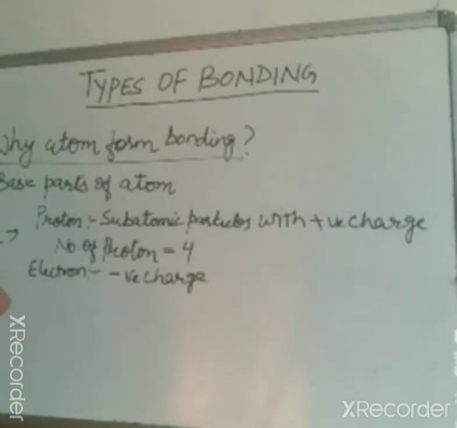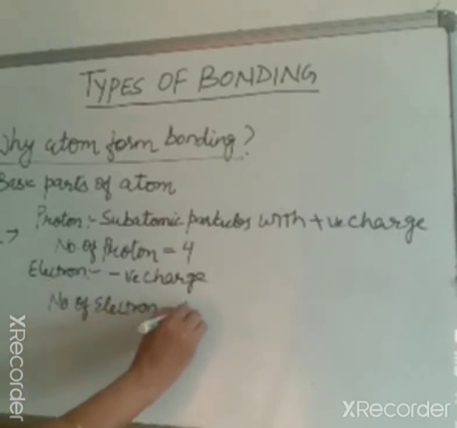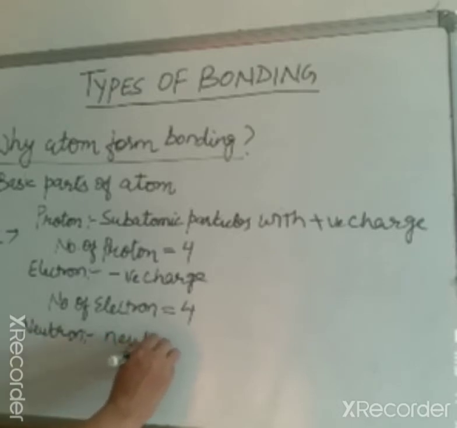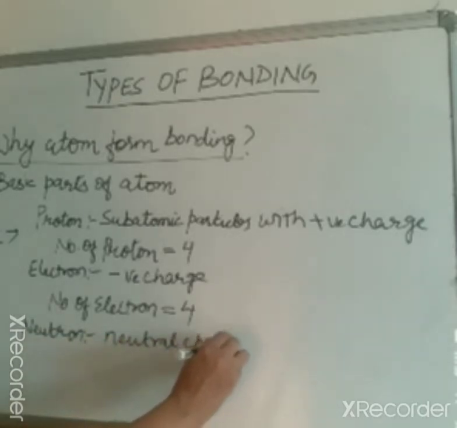Usually in an atom, the number of electrons is equal to the number of protons, with a difference of negative charge. So, the number of electrons in beryllium will be 4. The third part is the neutron. It is a subatomic particle with neutral charge.